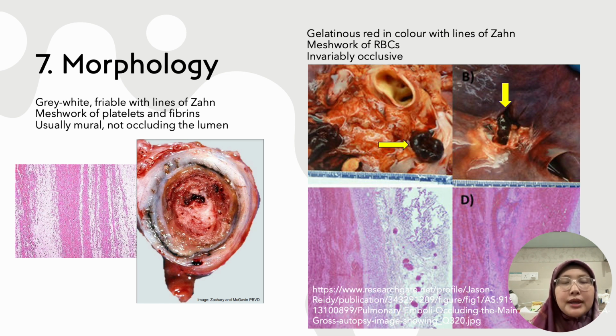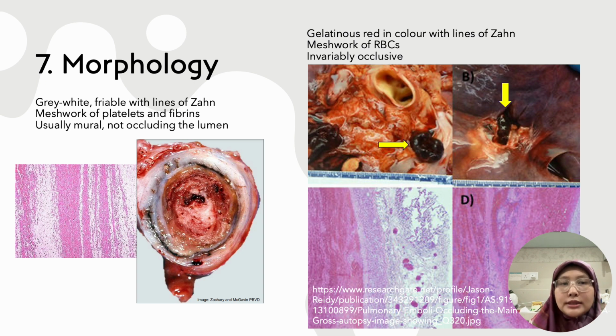Both arterial thrombosis and venous thrombosis show antemortem changes, and in these you can see the lines of Zahn. In arterial thrombosis, there is a gray-white variable appearance with lines of Zahn. In the lines of Zahn, you can see alternating layers of red cell mesh and platelets and fibrin in the white color.